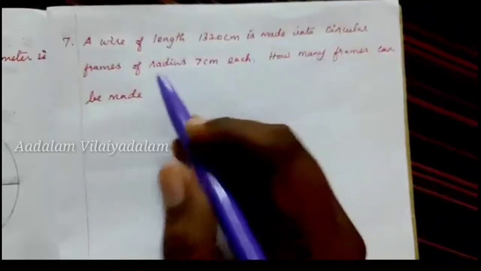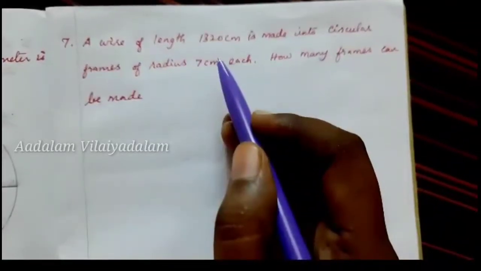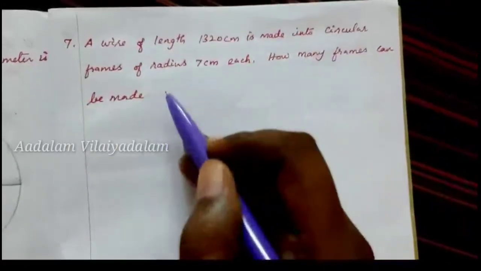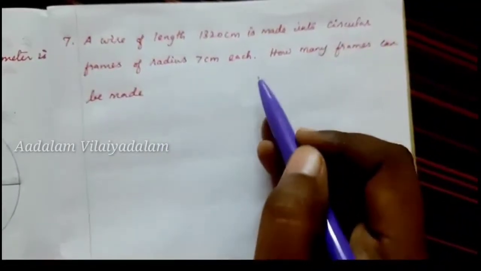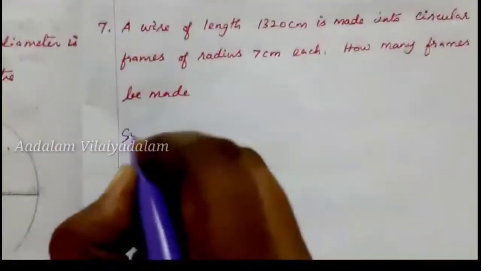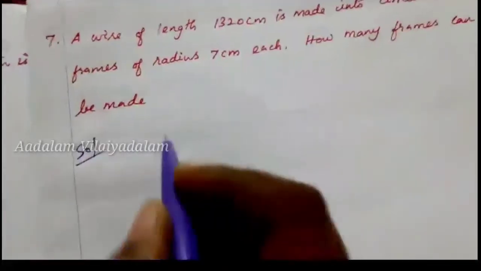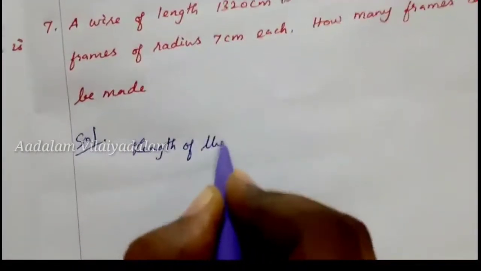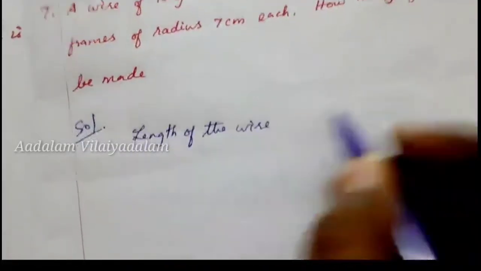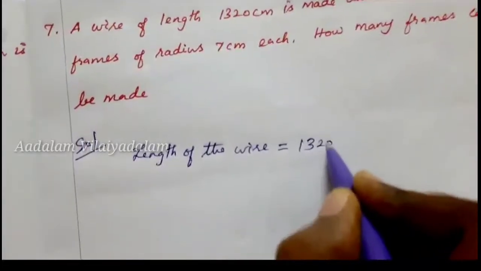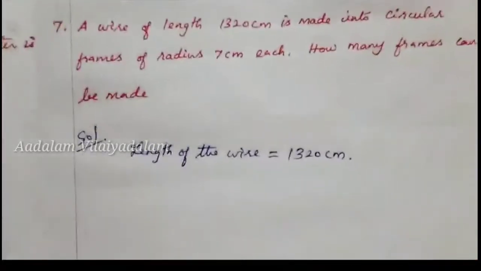7th question. A wire of length 1320 cm is made into circular frames of radius 7 cm each. How many frames can be made? So in this question they have given the length of the wire, 1320 centimeter.